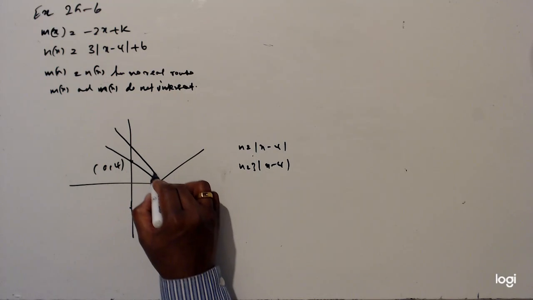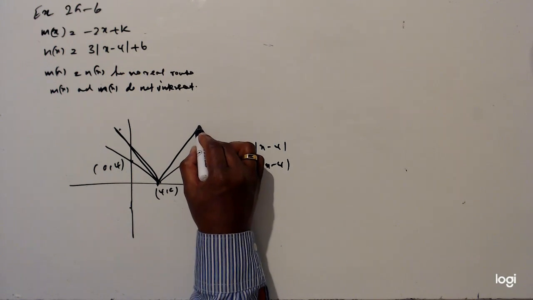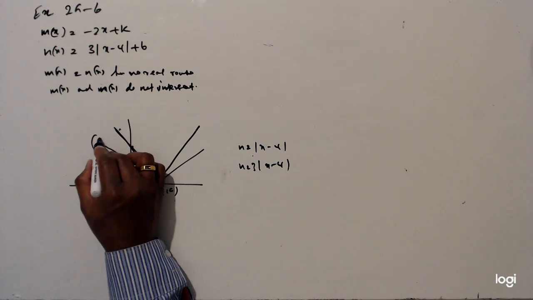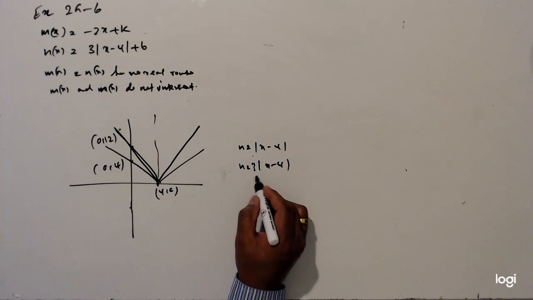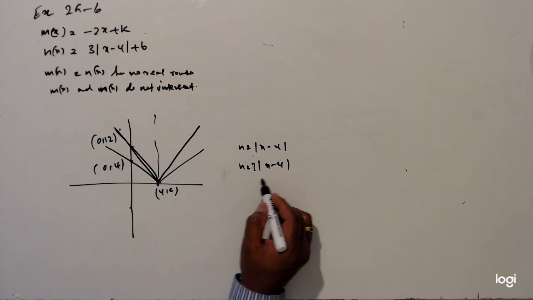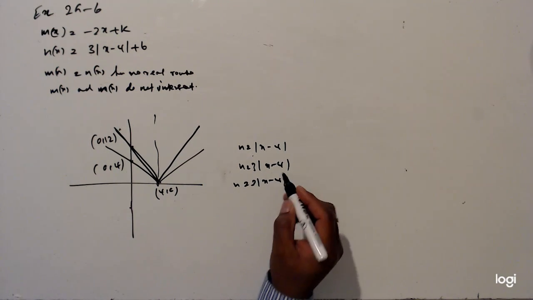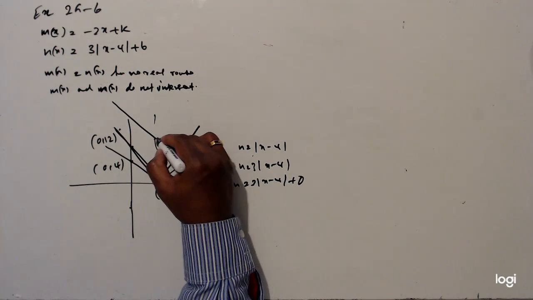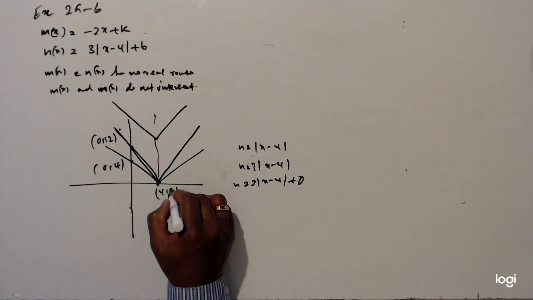So multiply by 3 all the values. So this becomes 12, 0, 12, and then everything is pushed up by 6. So it's going to be something like this: 0, 4, 0.